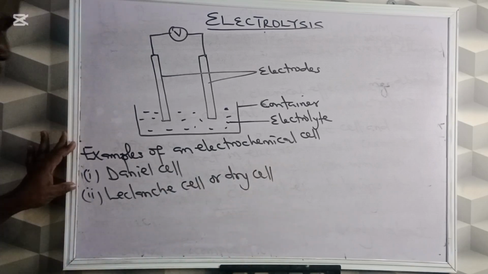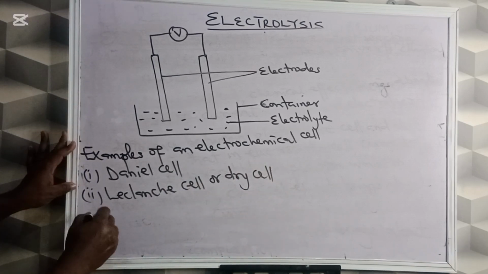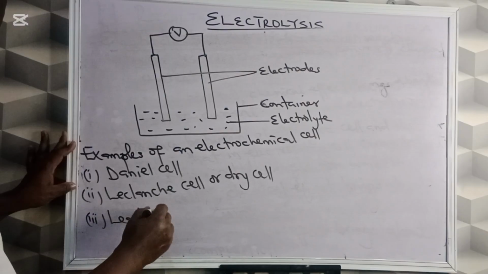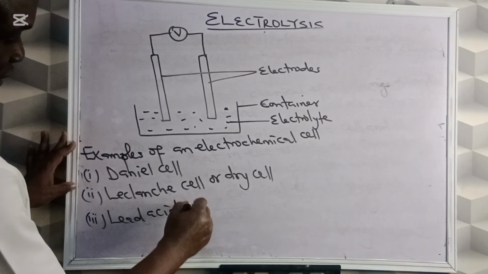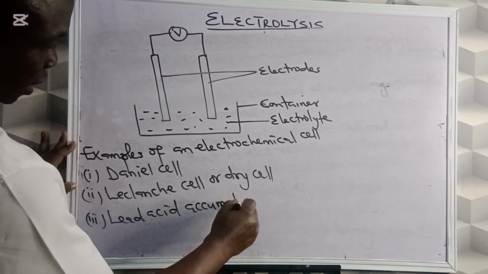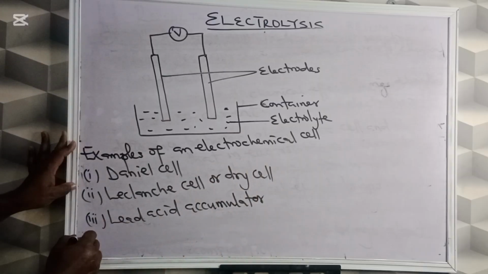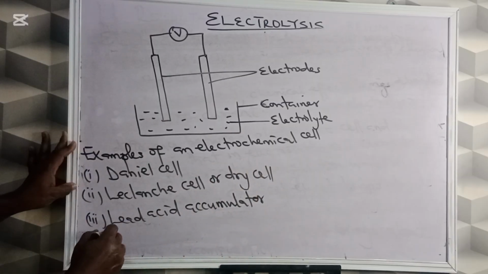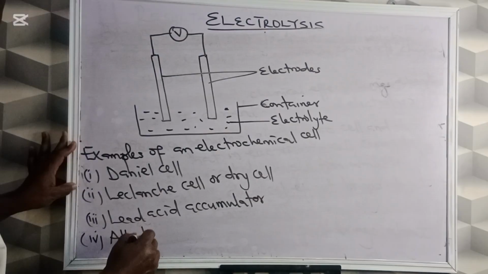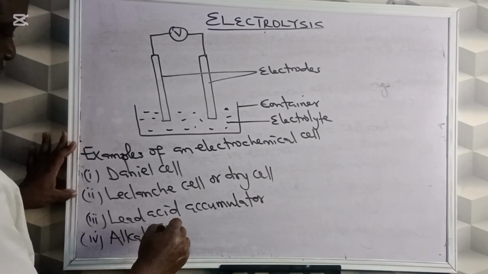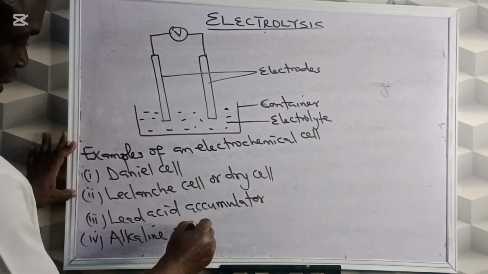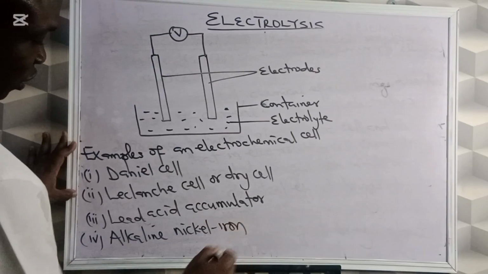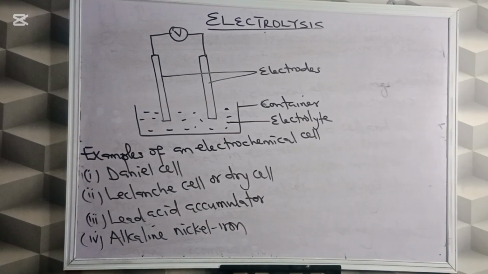Then we have the lead acid accumulator, which is a secondary cell. We have the alkaline nickel cadmium cell. These are some of the examples of electrochemical cells we have. We are not into this for now.